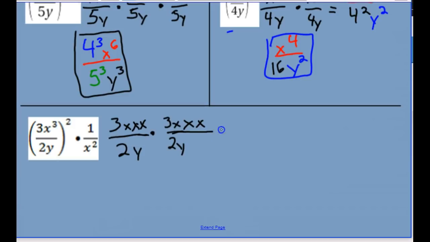Now what we also have then is 1 over x squared. That's saying we have 2 x's, so we could write that as x x.